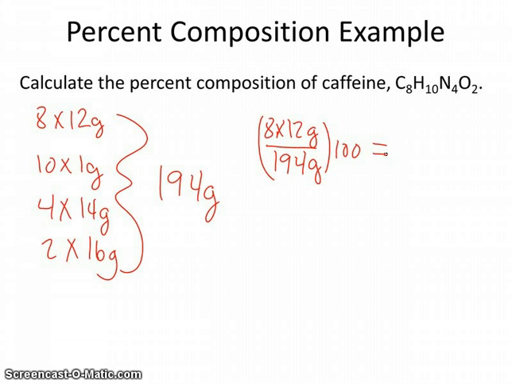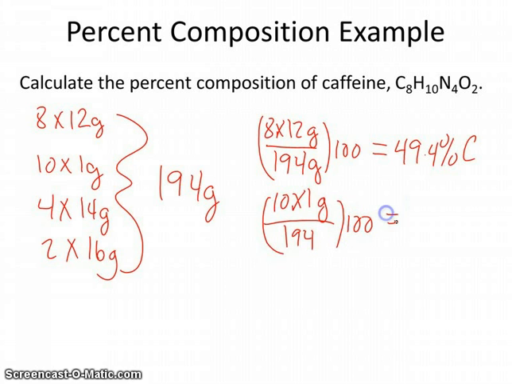That happens to be 49.4% carbon. Hydrogen makes up 10 times 1 of those grams out of 194. That happens to be 5.2% hydrogen.